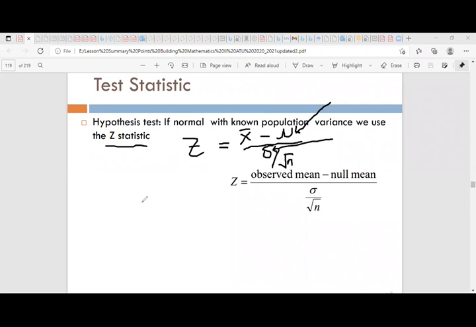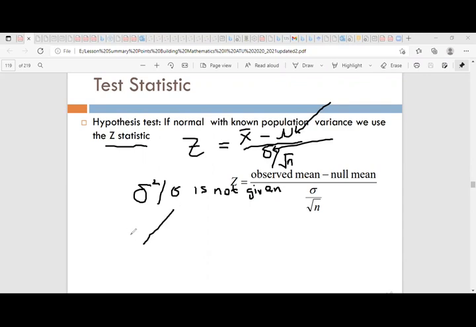When the variance or standard deviation is unknown, we mean it's not given, you do not know it from the question. So when it is not known, there are two scenarios you need to consider.